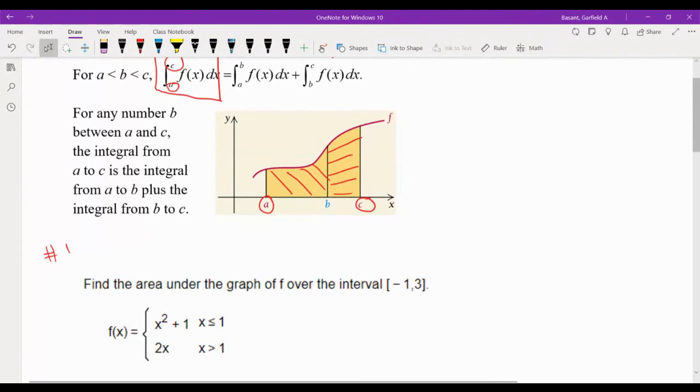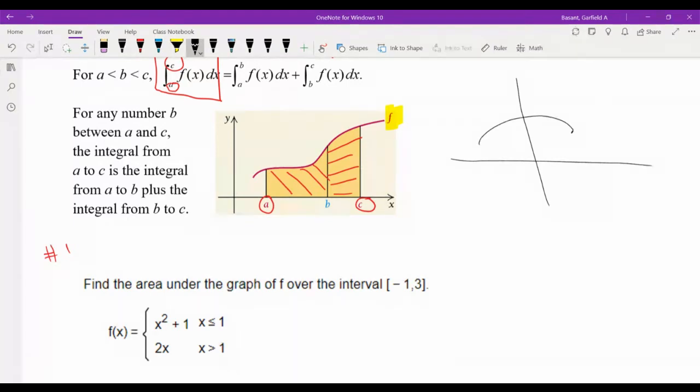The reason why they generally emphasize this rule is that not every function, like we have here, is continuous and a single function. Sometimes in math, we have graphs where part of the function looks like this, and another part looks like this, where there's a curve, there's a line, or two separate curves.